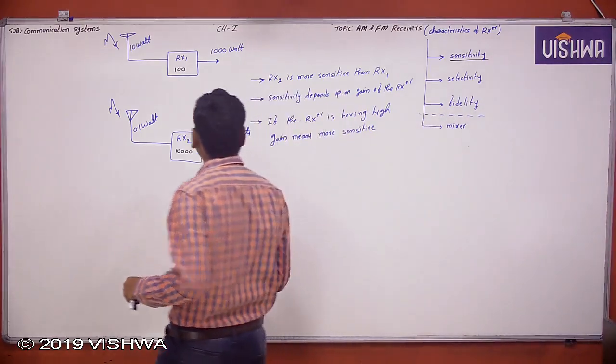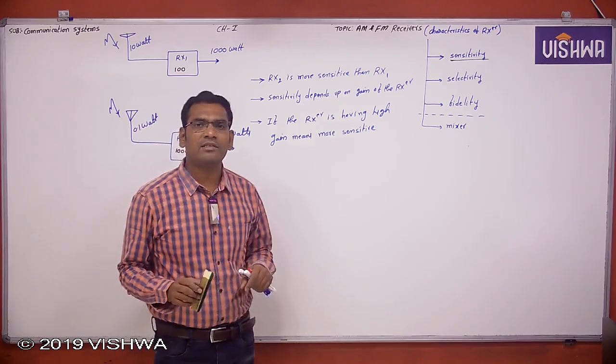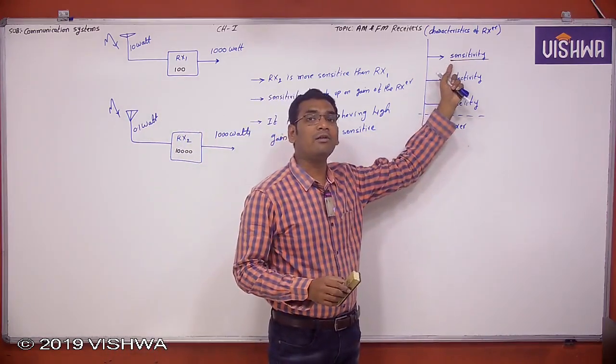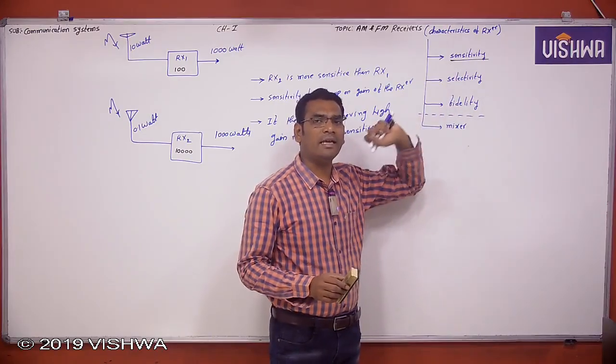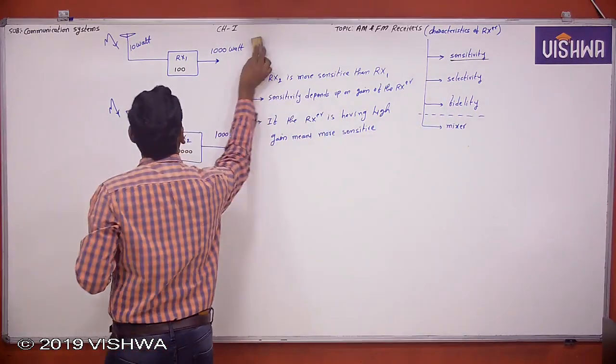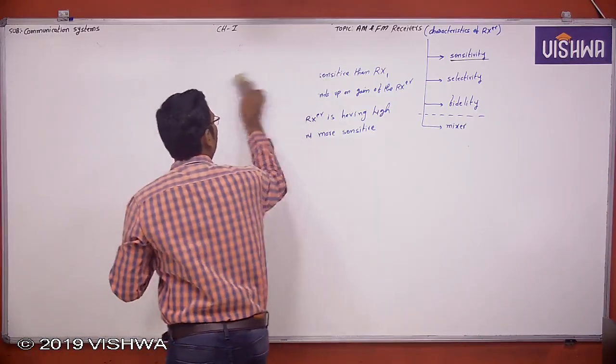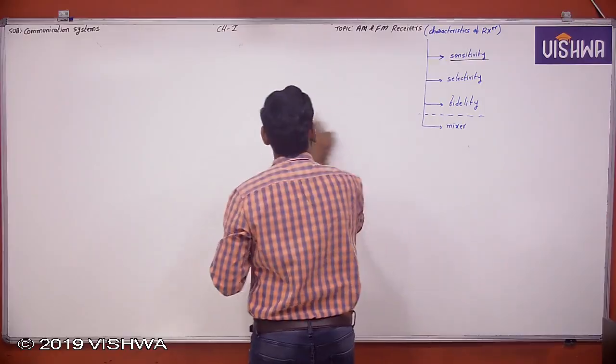Okay, so what type of characteristics should your receiver have? We always want a receiver having good sensitivity, which means the receiver gain should be high. Now this is one of the characteristics of the receiver, which is nothing but sensitivity.